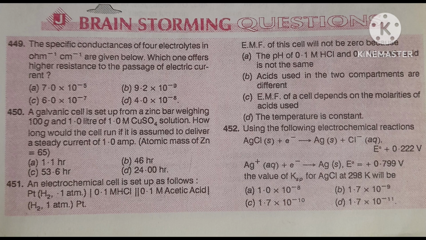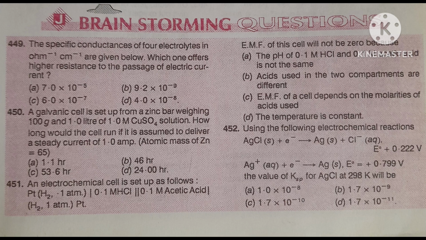Again, I am reading the question one more time. An electrochemical cell is set up by using hydrogen electrodes. One hydrogen electrode is dipped in 0.1 m HCl with hydrogen gas at 1 atmospheric pressure.